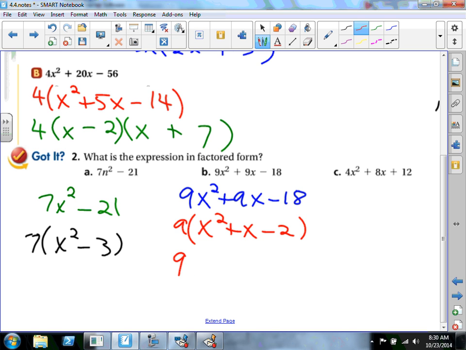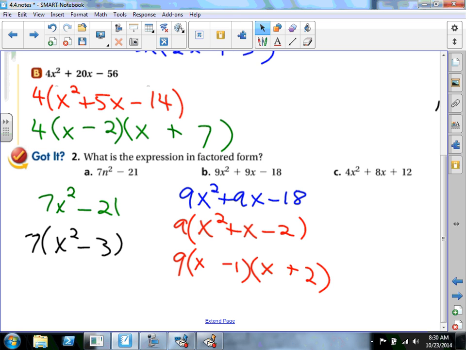Can we factor that again? Does 2 have factors that add up or subtract to be 1? I think so. x, 1, 2. Which one gets the positive? The 2 gets the plus sign there. There we go. That last one, I'll let you try on your own if you want to.